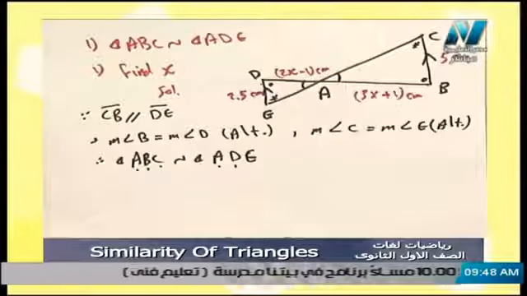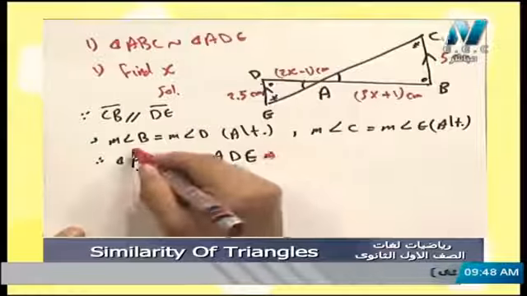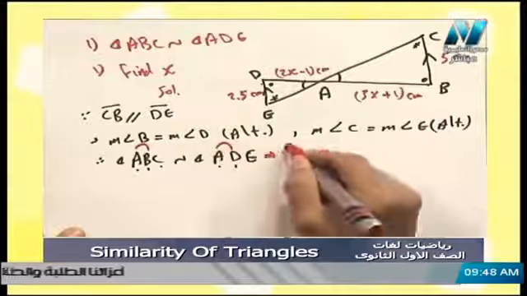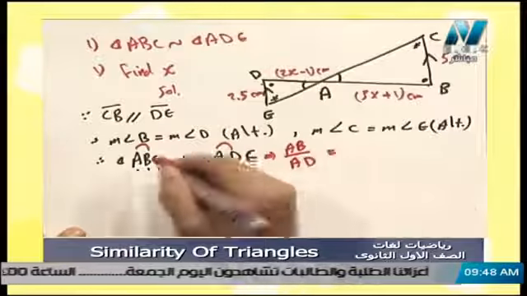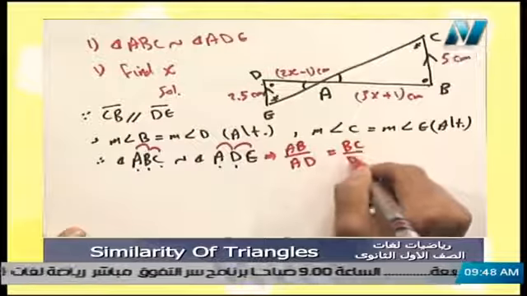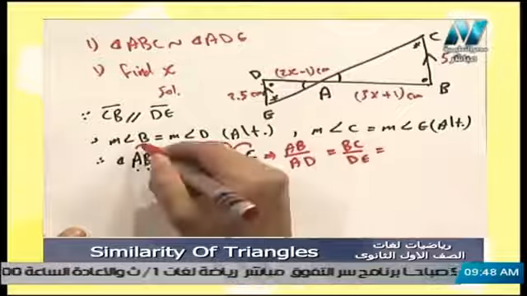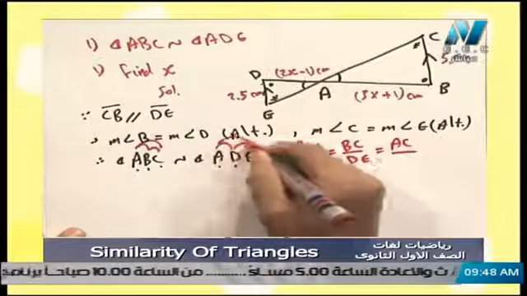And we can deduce the ratio AB over AD equals BC over DE, and equals AC over AE.